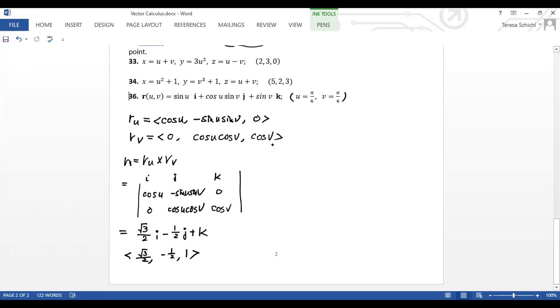Now, because u and v are pi over 6, what is my x? x equals sine u, so sine pi over 6 is 1/2.